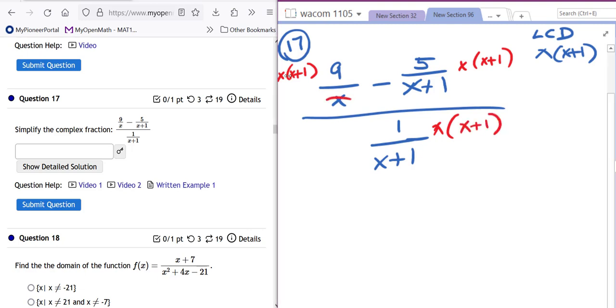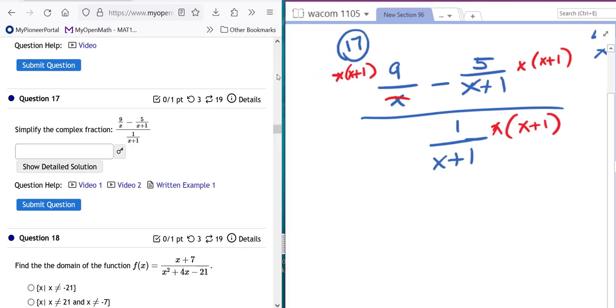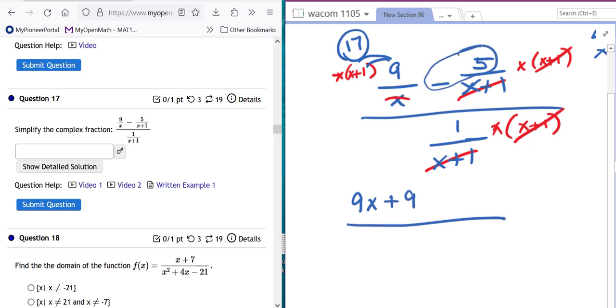So this denominator is gone. This one is gone. This one is gone. So we have left here a 9 to distribute. So we have 9x plus 9. Over here, be a little careful. You have a negative with your 5. So it's a minus 5x.